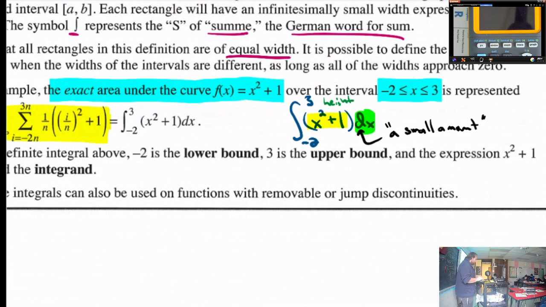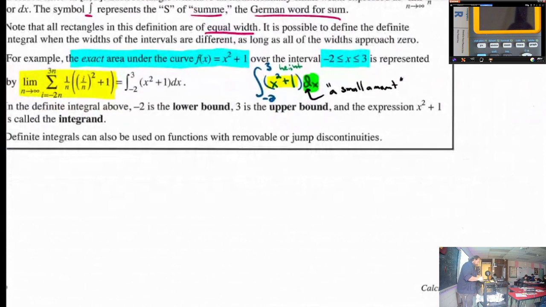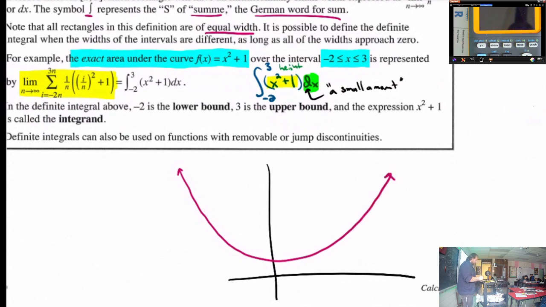So if you really think about what's going on here, I'll actually just draw the curve x squared plus 1. It looks something like this. Let's go from -2 to 3. That integral is asking you for this area, from -2 to 3, the area under the curve.